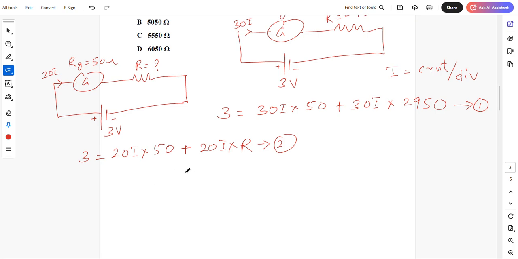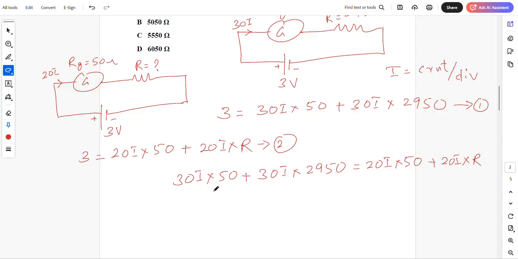Now 30 into I into 50 from the first equation plus 30 into I into 2950 is equal to 20 into I into 50 plus 20 into I into R. Now you have to calculate this unknown R. You can calculate very easily.